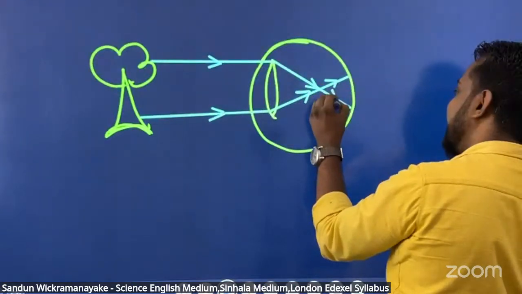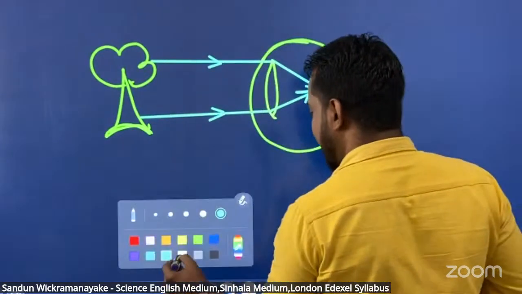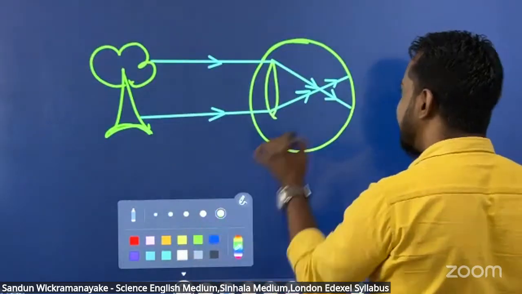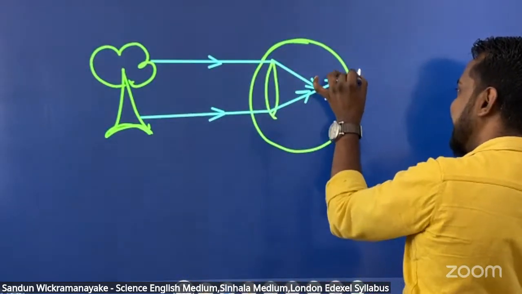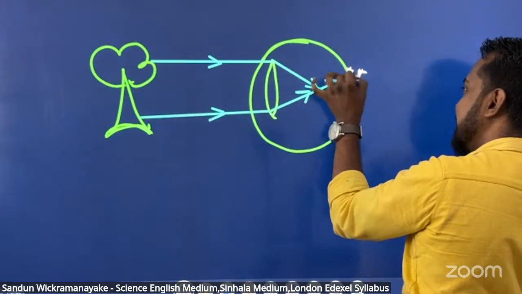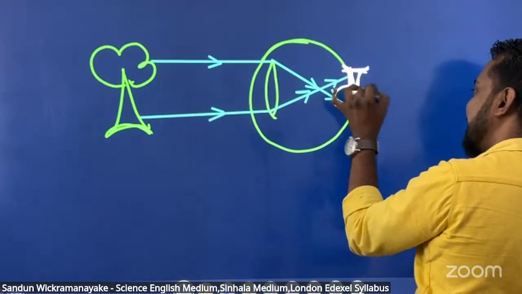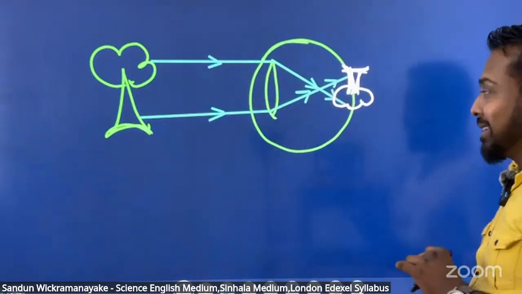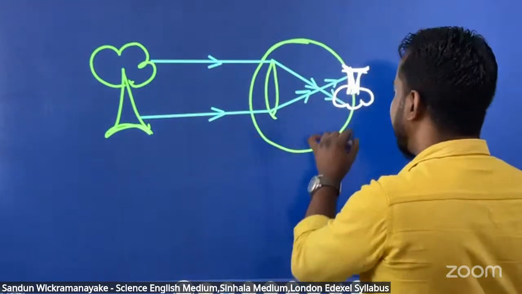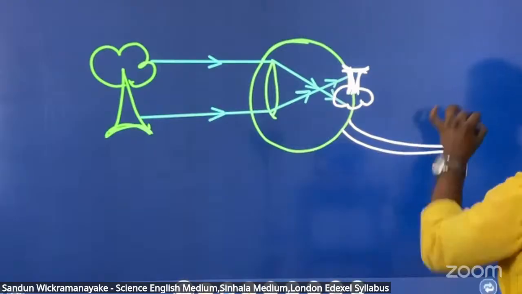Sir, what is this? The tree is observed upside down, sir. Look at this. This tree can be observed upside down like this. Yes, it's happening inside of the human eye, but we have the optic nerve and the brain also.